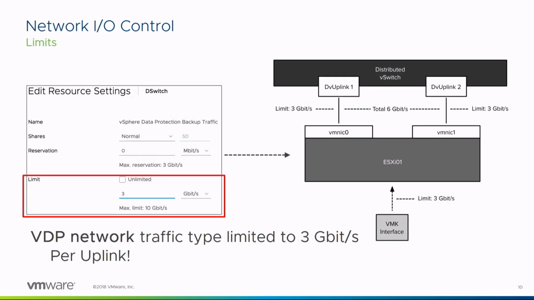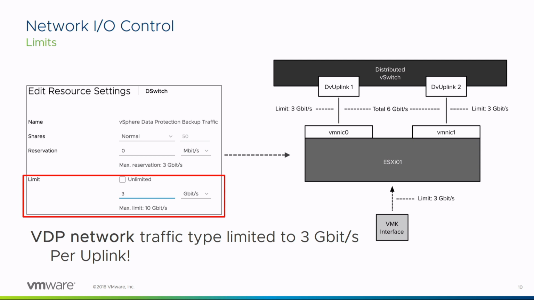So what if we have limits as well? So limits, by default, it's not per se the best practice to enforce limits. That goes for either compute or network or storage. Because a network traffic type is never able to go beyond the configured value for the limit, right?